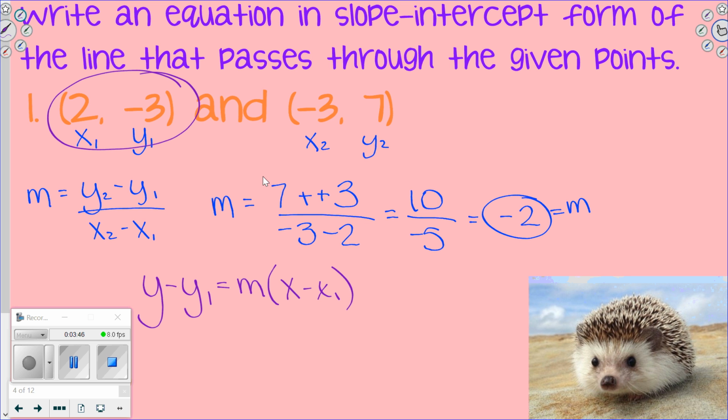So y minus, the y value, we chose this point, was negative 3, so that'll make that plus 3. My slope, I found that to be negative 2. And then x minus, my x value was 2.